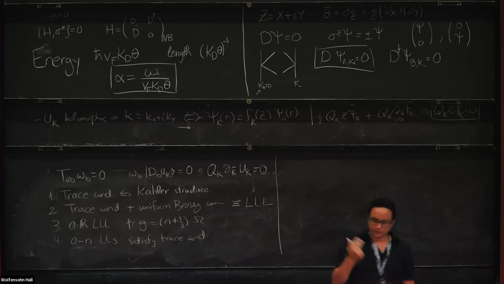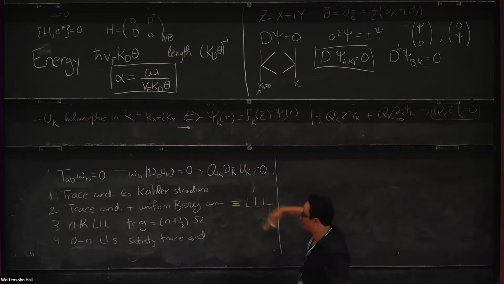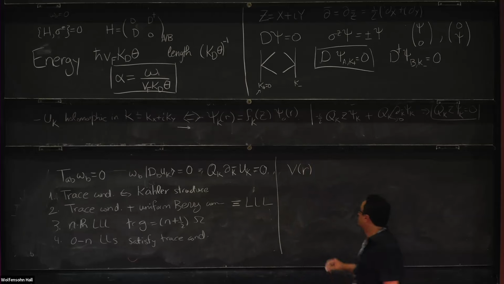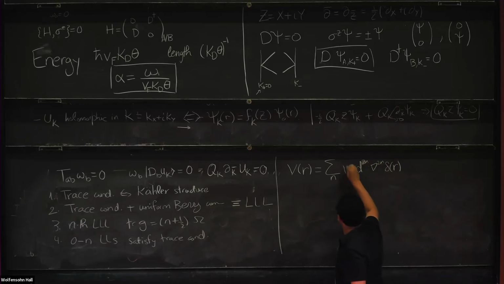But there is a subsequent formulation by Trugman and Kivelson, which is more convenient when we're thinking of a band, where we just take the perspective of saying, okay, I have an interaction that is short range, so I can expand it in powers of the range of the interaction, which will be an expansion in gradients, in the powers of the Laplacian of a delta function. And I can call these coefficients Cn.